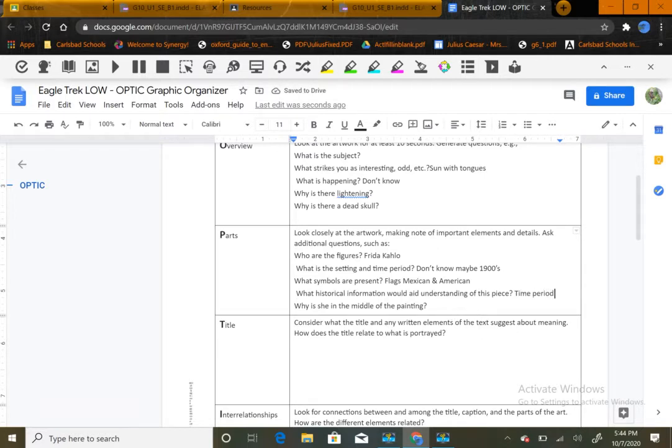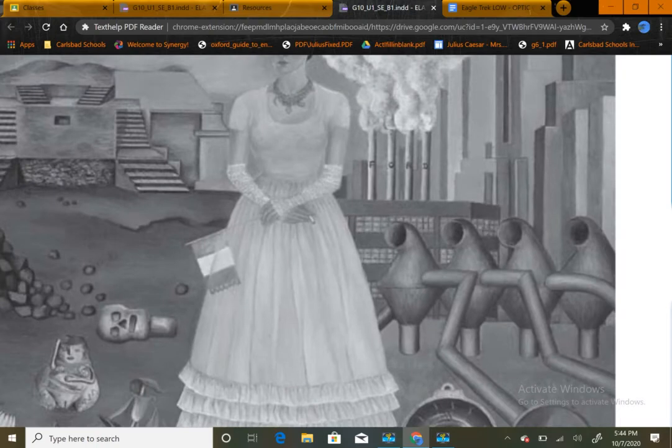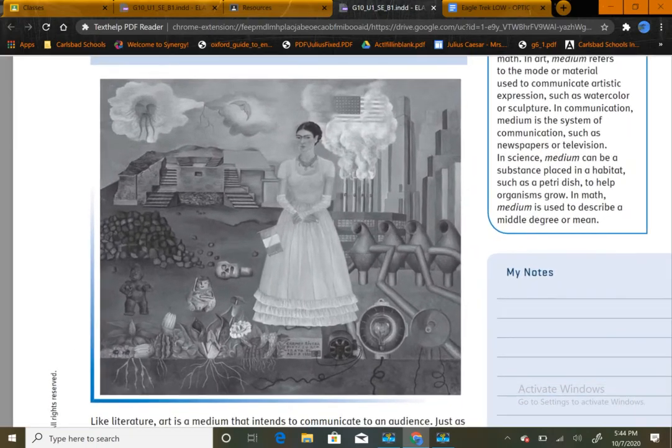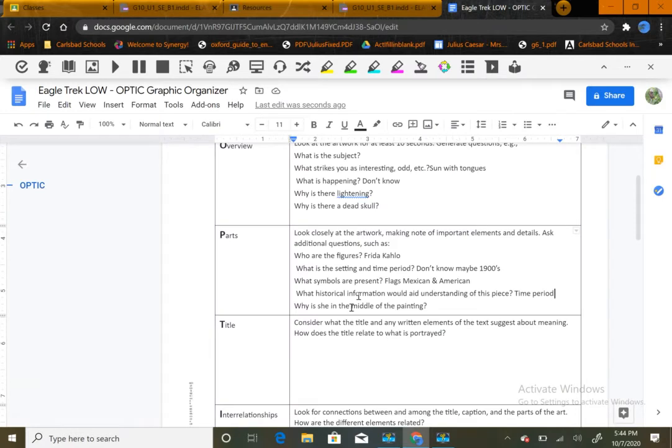And again, if you really study this, and you can even blow it up and look at it really closely, you can come up with all kinds of questions and analytical thoughts. If you're a Pink Floyd person, this is definitely Pink Floyd looking. So there's some things that you can add as parts or questions.